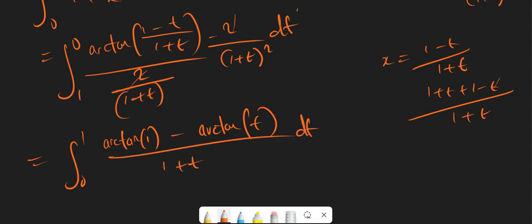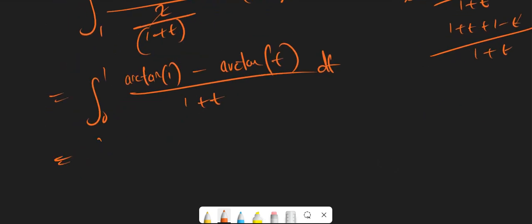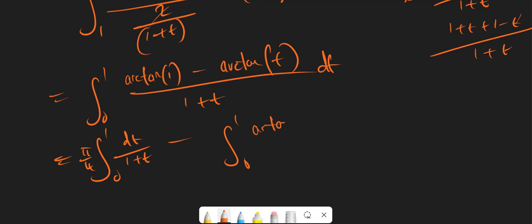Arctan of 1 is pi over 4, so you have pi over 4 times the integral from 0 to 1 of dt over 1 plus t, minus the integral from 0 to 1 of arctan of t all divided by 1 plus t dt.